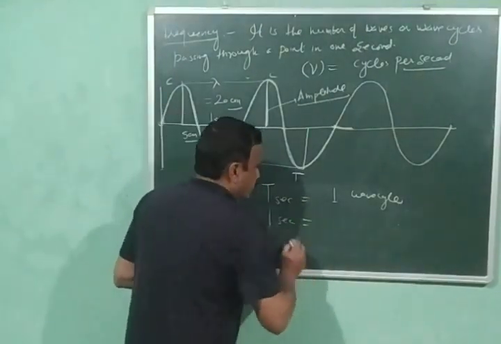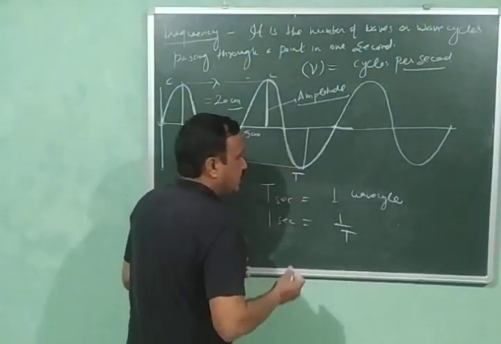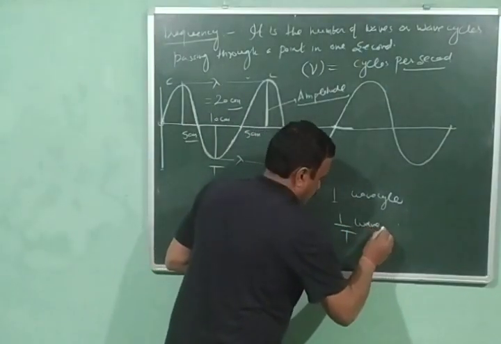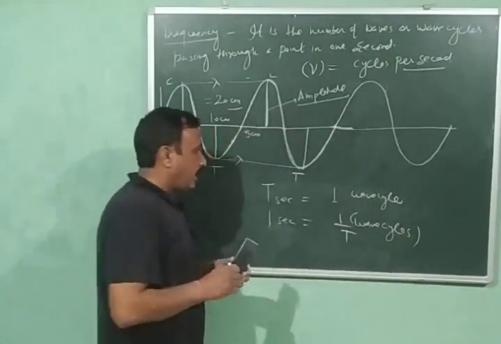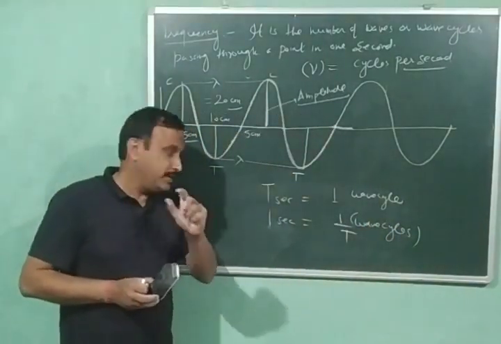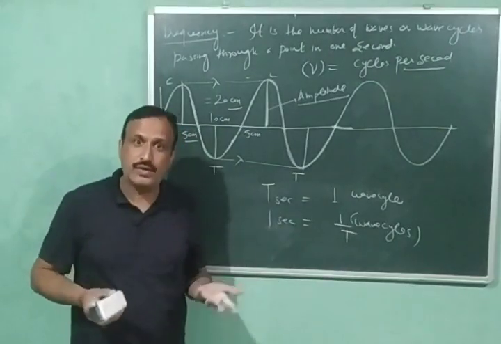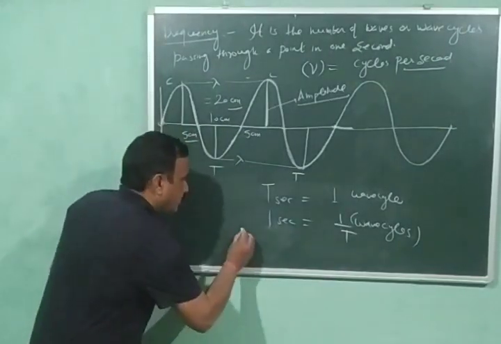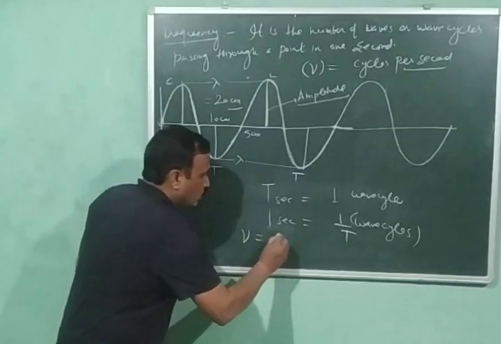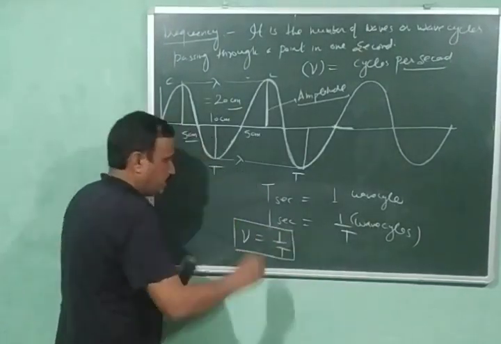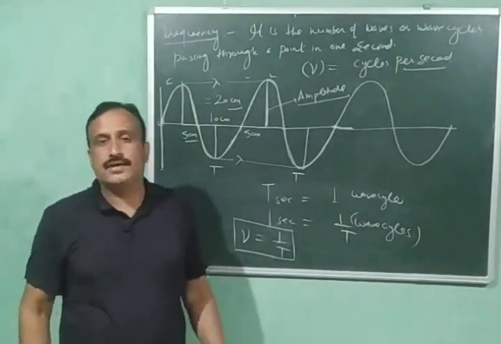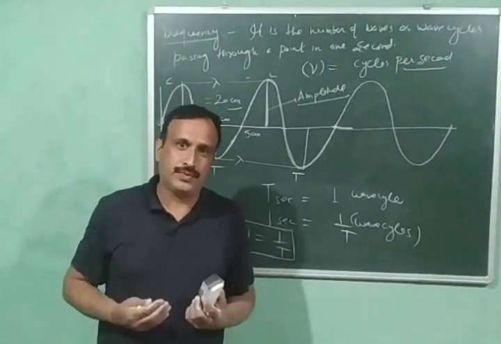In 1 second 1 upon t wave cycles will be completed, and the wave cycles completed in 1 second is the frequency. Understood? So nu is equal to 1 upon t. So we can also define frequency as the reciprocal of the time period. Understood?